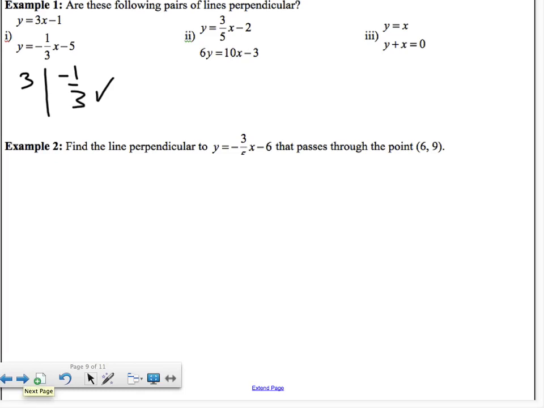What about the next one? No, how come? So we're looking at 3/5. Oh, wait, back the truck up.